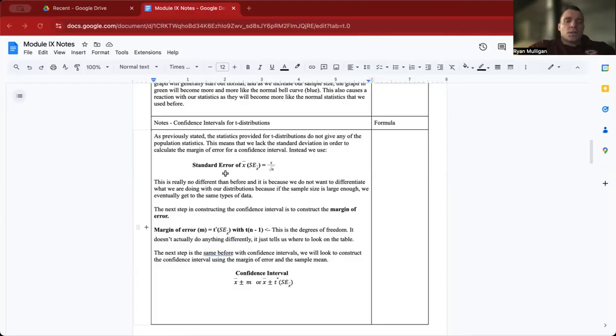So now we're going to start to build the standard error formula. Standard error of X bar. The standard error is when we take the standard deviation divided by the square root of n.